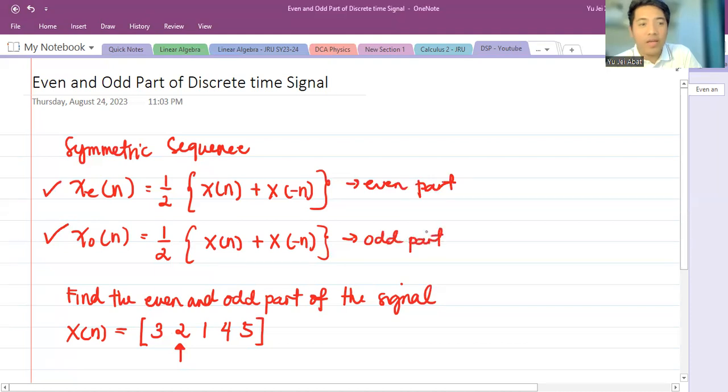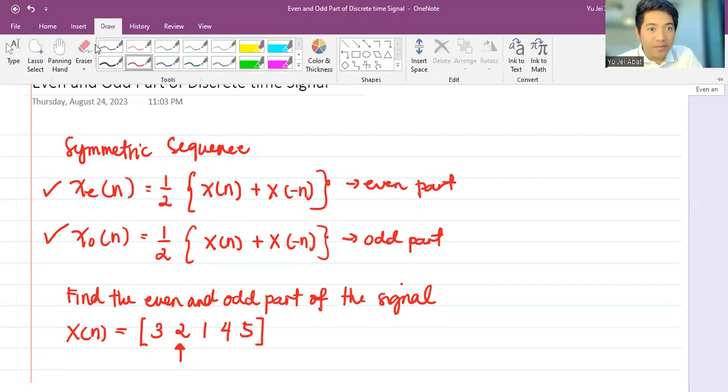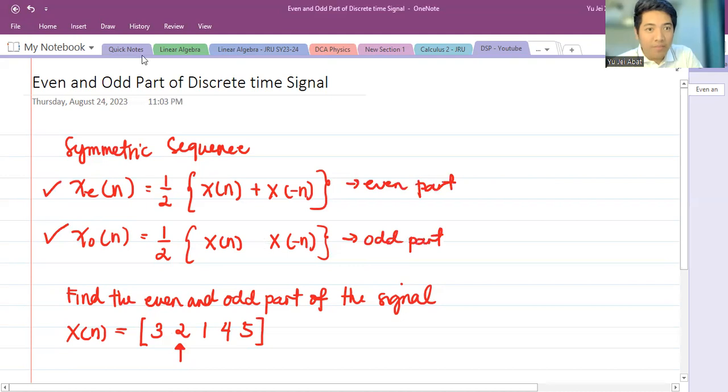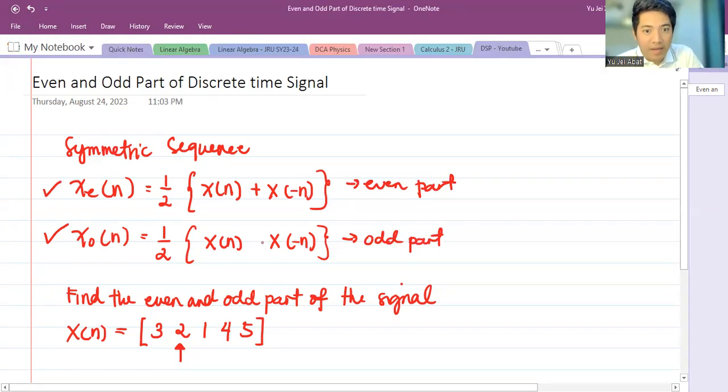To get the symmetric signal x e of n, the even part, we use the formula 1/2 multiplied by x of n plus x of negative n, where x of negative n is the flipped signal. Okay, my mistake, the second one should be minus. So for the odd part, instead of plus, it's minus.